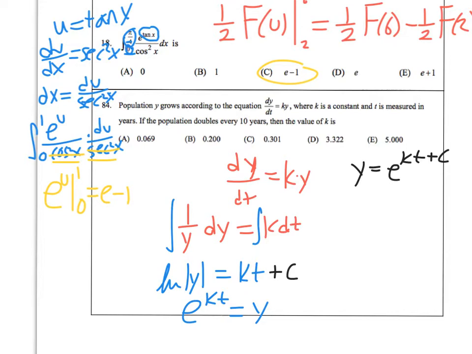And the way we're going to deal with this is that if we have a population of 2y, that would be at e to the 10k, I put in 10 for t, plus c.